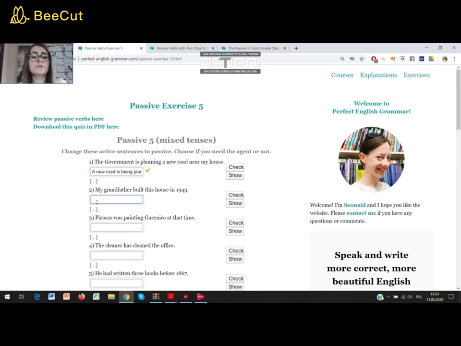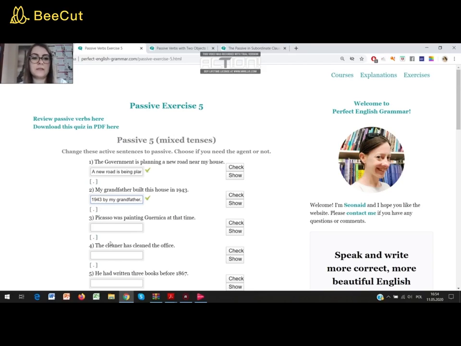Okay. My grandfather built this house in 1943, so this house was built in 1943, we can say by my grandfather, because we know he did it.